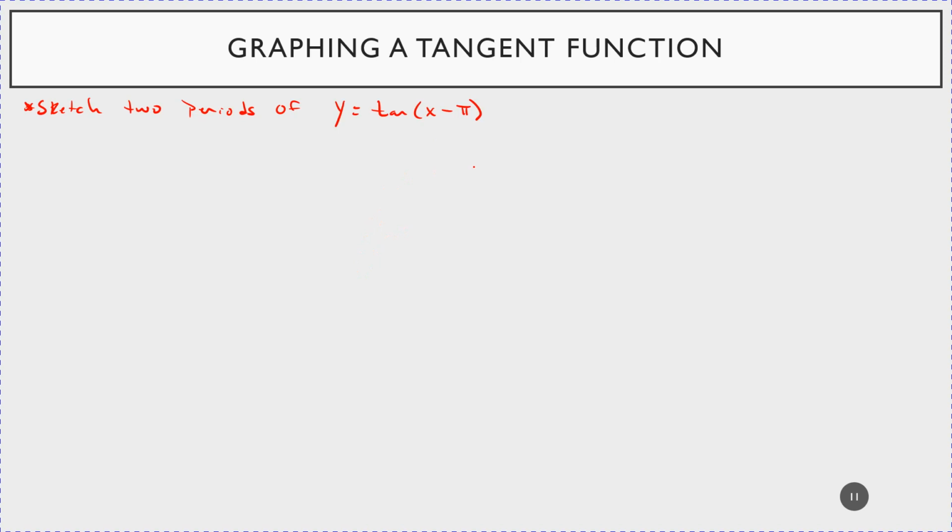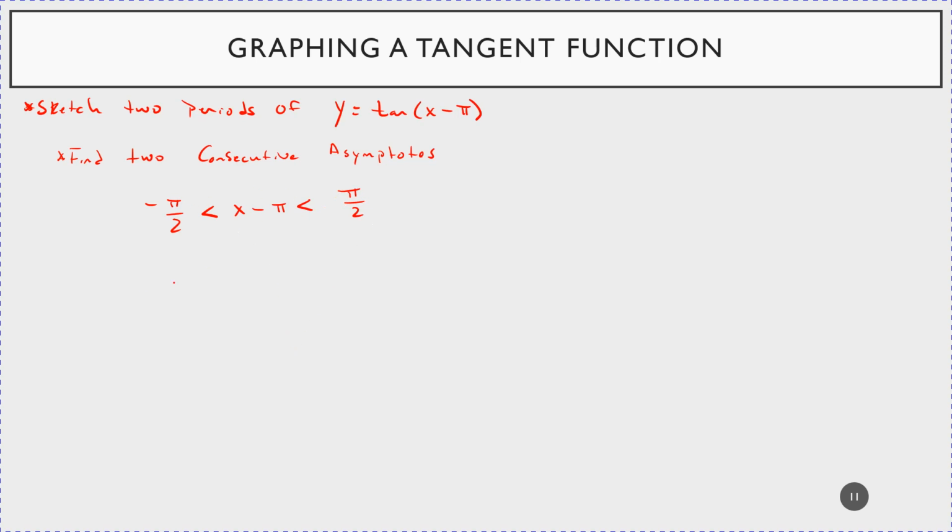Okay, the key here, just like you saw, is asymptotes. Find the asymptotes. So you start with negative pi over 2 is less than, now just take everything that's in here, which is just x minus pi, less than pi over 2.